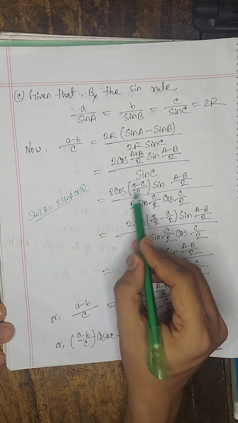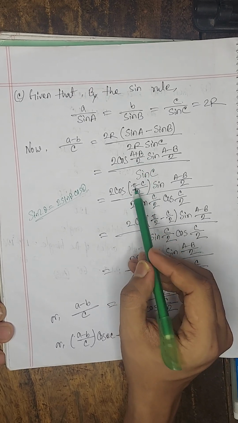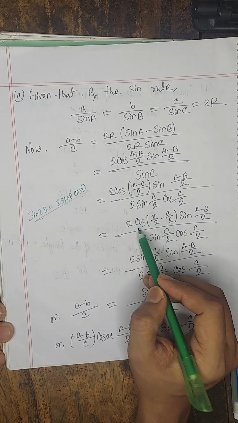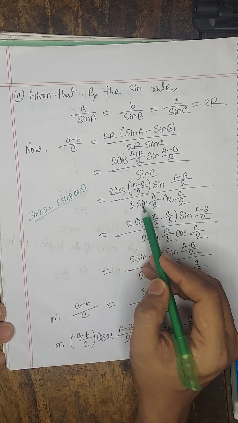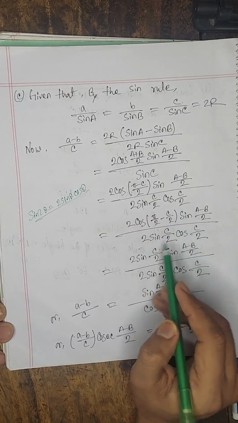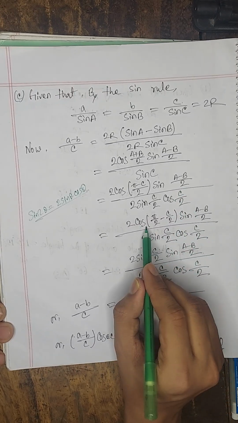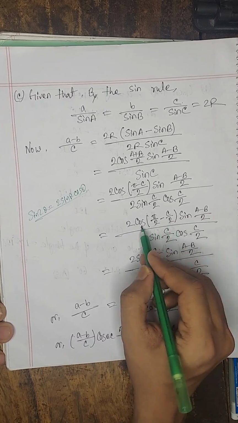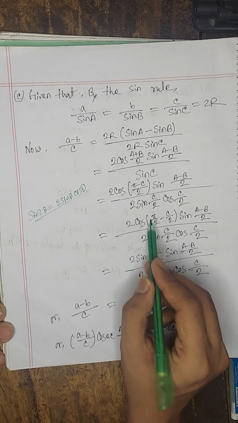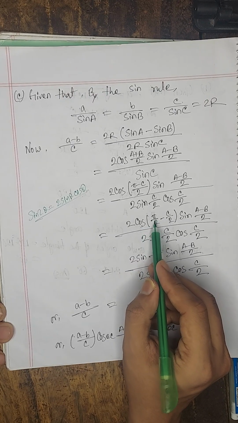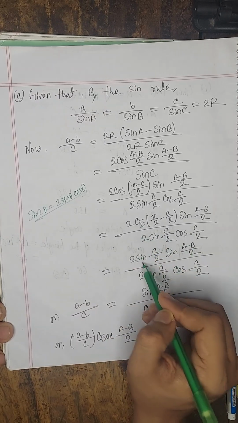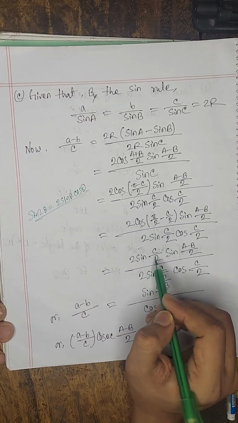Then we can write cos (A plus B) by 2 with pi minus C instead of A plus B, so this becomes pi by 2 minus C by 2, and the sin (A minus B) by 2 remains the same. Now we get sin C by 2 from this expression, because the cos converts to sine, as this is not an even multiple.